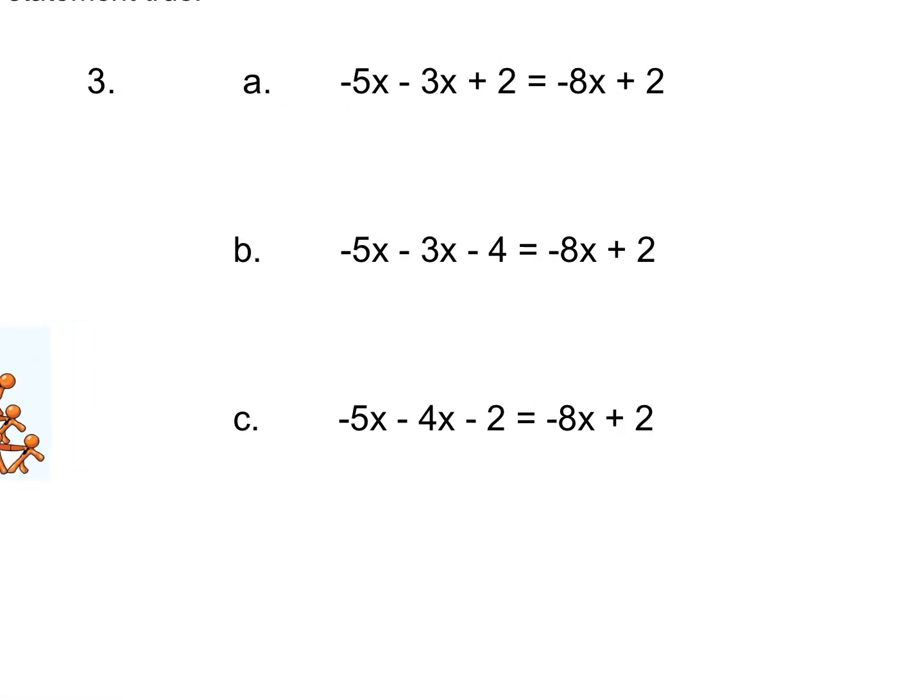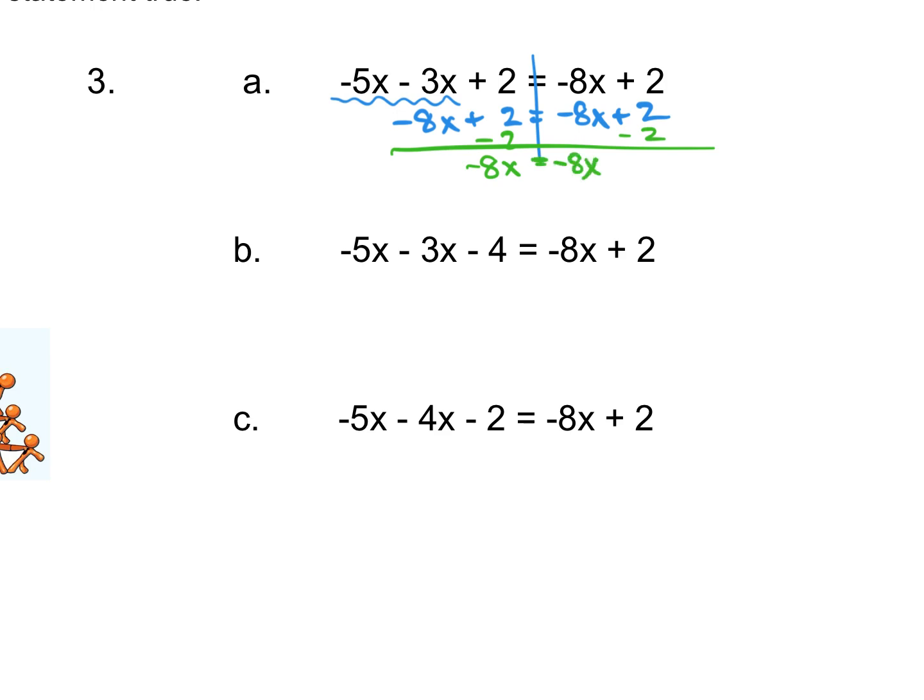All right, walking through it. So first of all, I'm going to go ahead and combine like terms. Negative 5x minus 3x is negative 8x plus 2. Negative 8x plus 2. Some of you might see a pattern by now, but it's okay. Let's still keep on doing the math. You know what? I like to move variables first. Notice how I have negative 8x equals negative 8x, right? Again, I want to move all my variables to be on one side. So I'm going to add 8x to both sides.